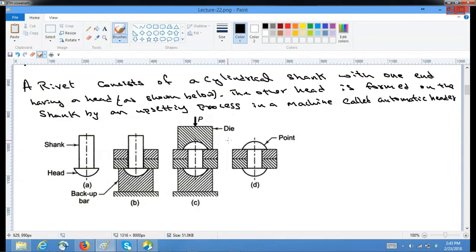So like this, you have a die, and under the force the shank would form a bulge, which would be kind of a head. So this is the process.